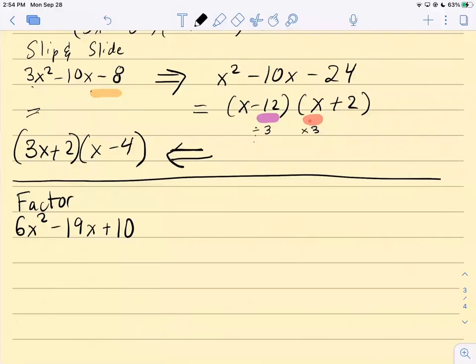And there's one thing you're allowed to do. If you see that you have a fraction in one of your expressions and you have a common factor in the other one, you're allowed to move the number from one expression to the other.